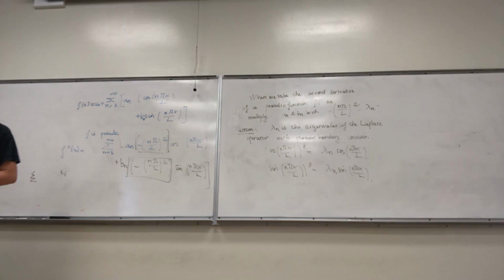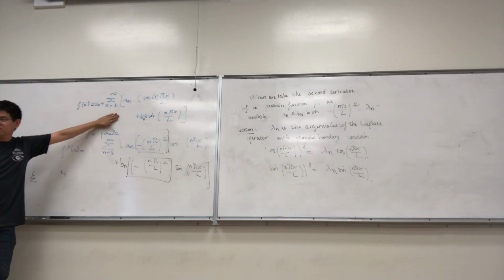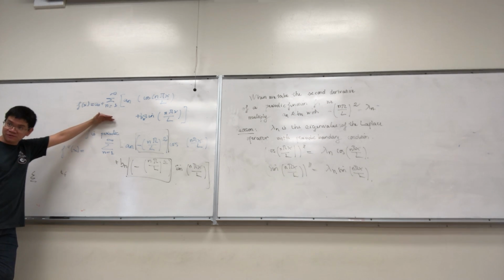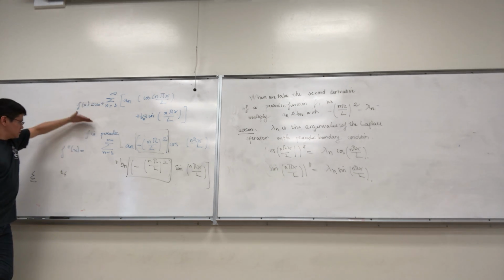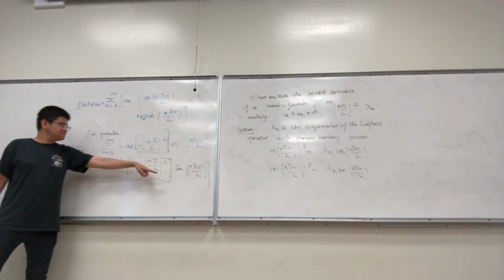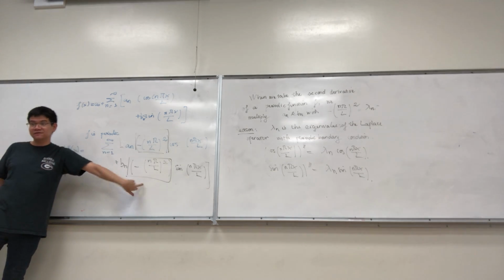Explain again. You have a Fourier series. The boundary condition here is very important. You need to have a periodic boundary condition in order to have a Fourier series. Now, if you take the second derivative, you don't have to do anything, because what you have to do is multiply all of the an and bn by this factor.